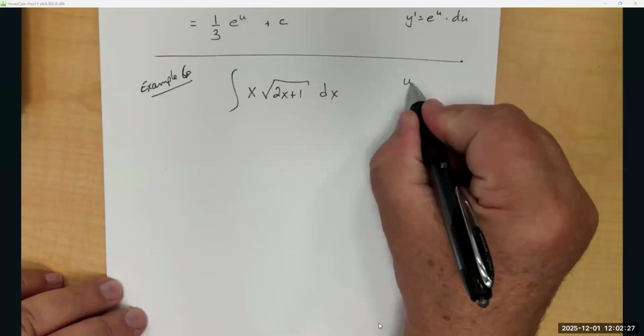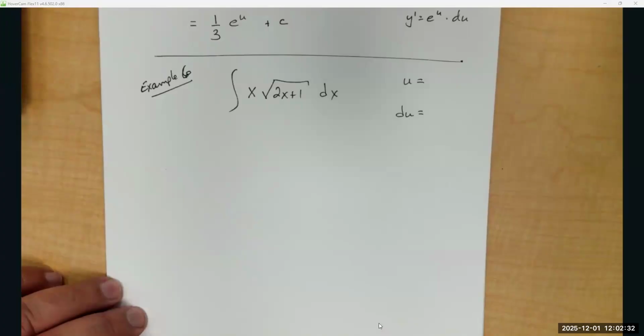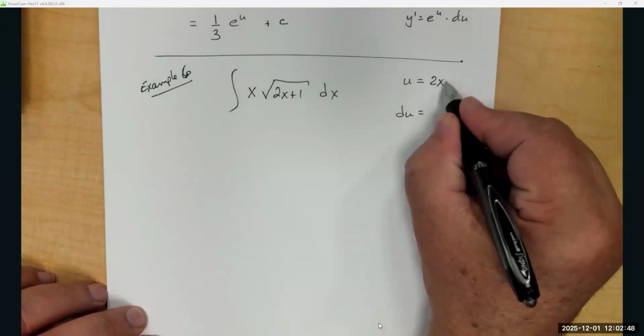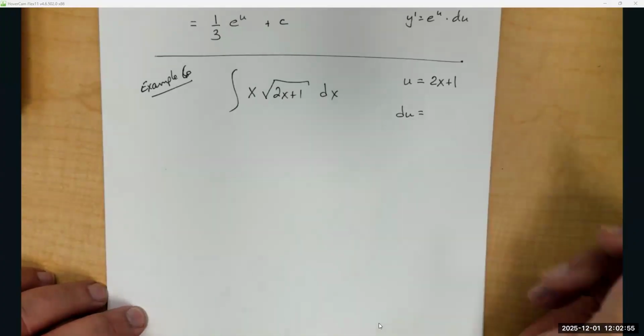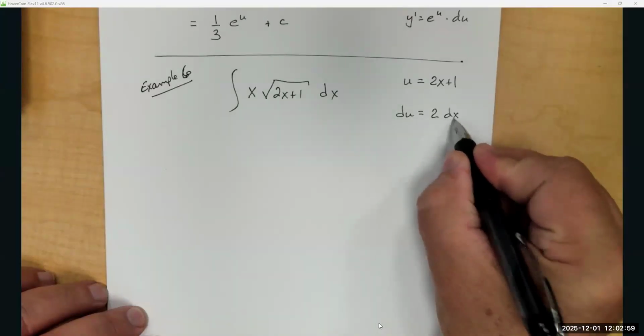So first thing you have to do is determine u and du. So what would du be? 2 dx.